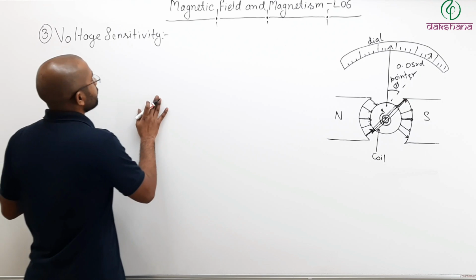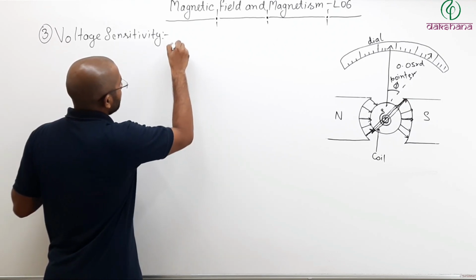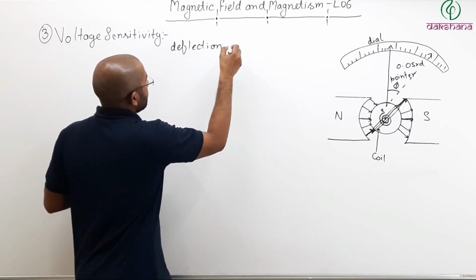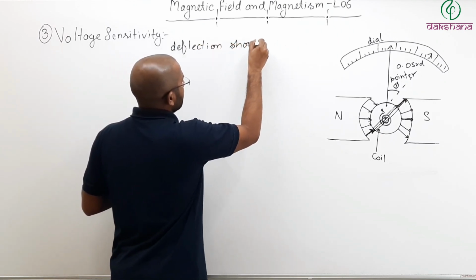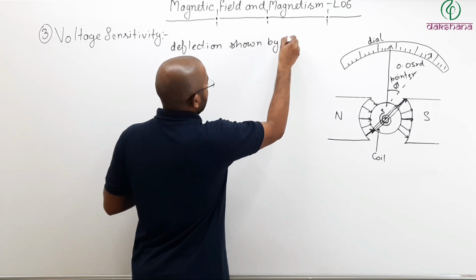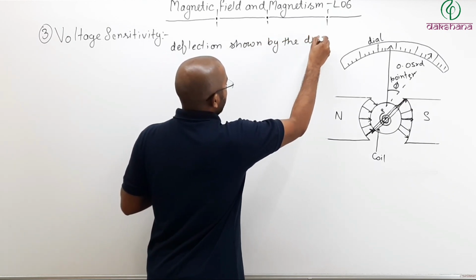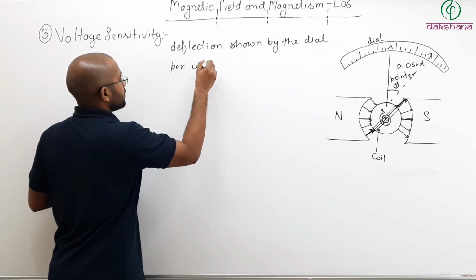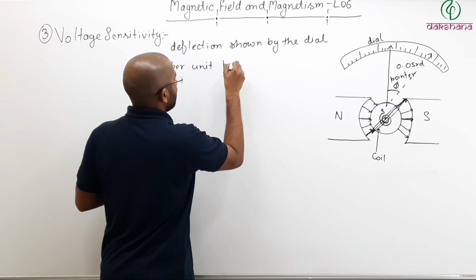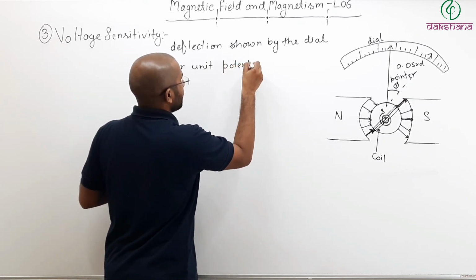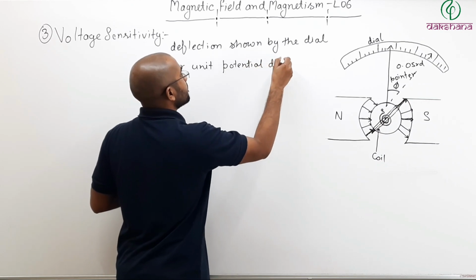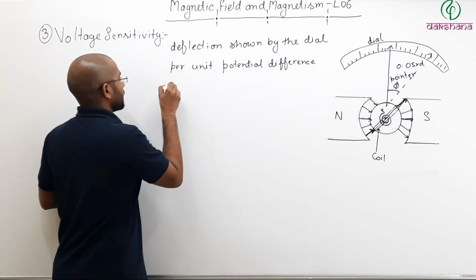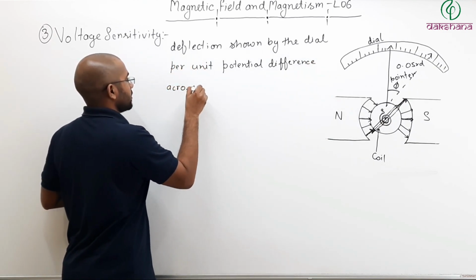So here, what is voltage sensitivity? Nothing but deflection shown by the dial per unit potential difference across the coil.